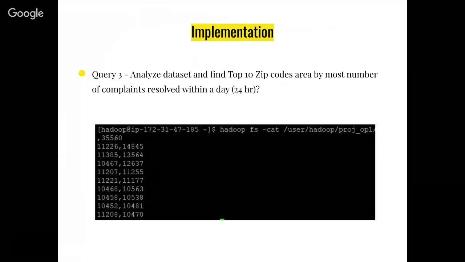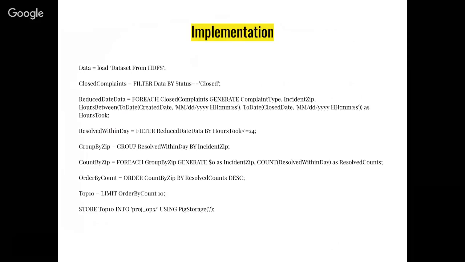And for zip code 11385, there are 13,560 complaints resolved within 24 hours. So I could say it's a very good insight we were able to find from this data set.